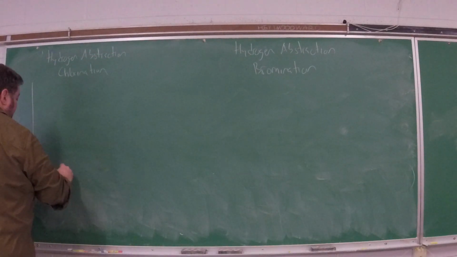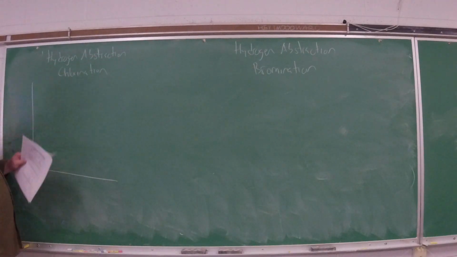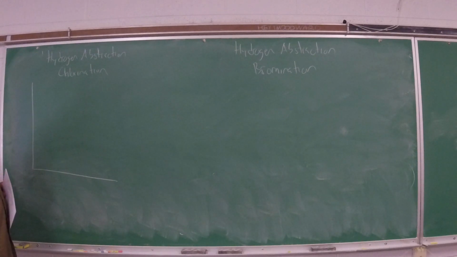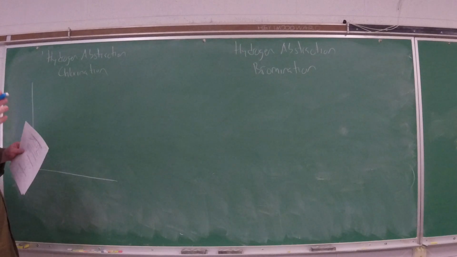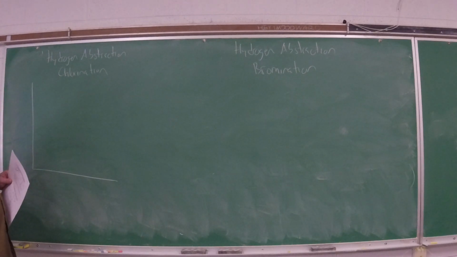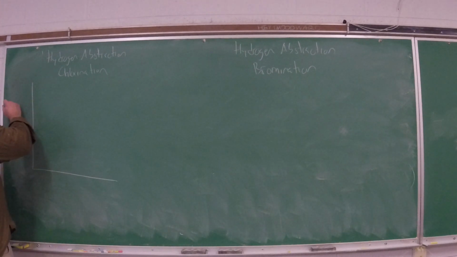So here we have our energetic diagram. We're just looking at the hydrogen abstraction part. That's where we're forming the alkane, we're changing it into a free radical. So we have potential energy here.